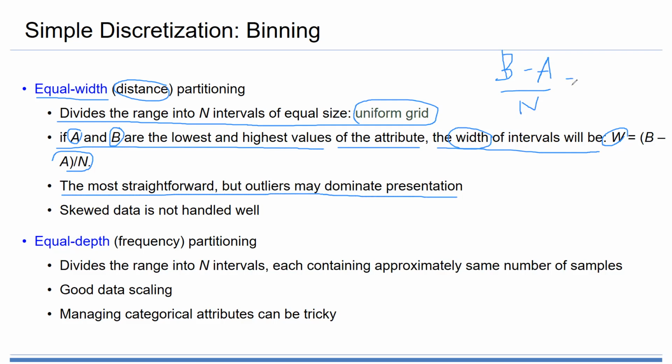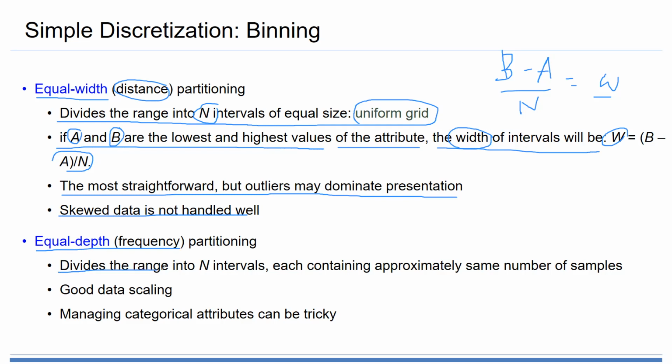Because we just want to make the width w based on the n intervals, there might be some outliers. Skewed data is not handled well for this equal width. The other approach, we call it equal depth or equal frequency.